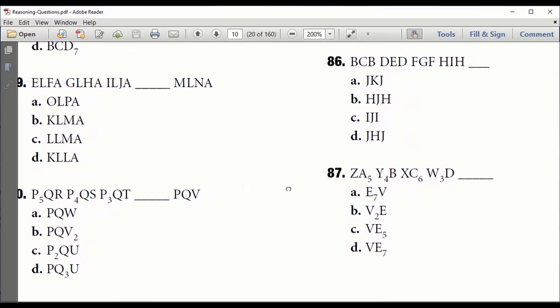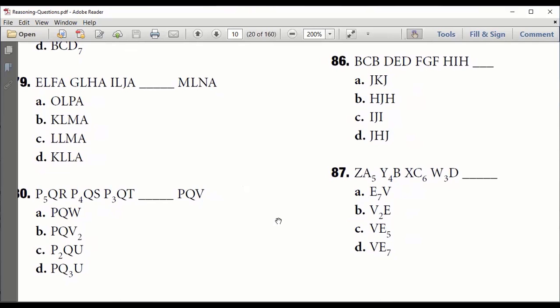Question number 86. Divya, question number 86. I will not go in order. Okay, sir. I will do it. Everybody write your answers. Manya, you raised your hand. Tell me, Divya.